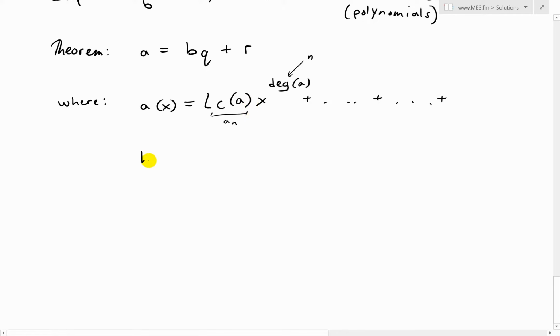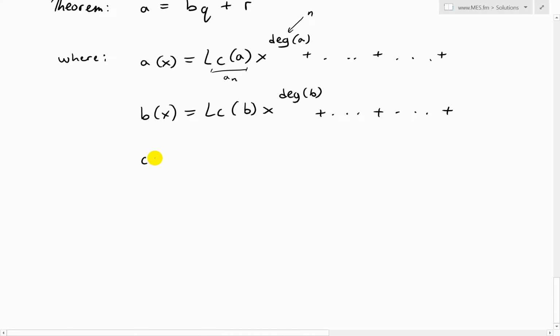Same with b of x, the divisor. This equals the leading coefficient of b times x to the degree of b, plus dot dot dot, and so on. Now we have q, the quotient, which is also going to be written like this: a leading coefficient, x to the degree of q, the highest power, then plus dot dot dot.